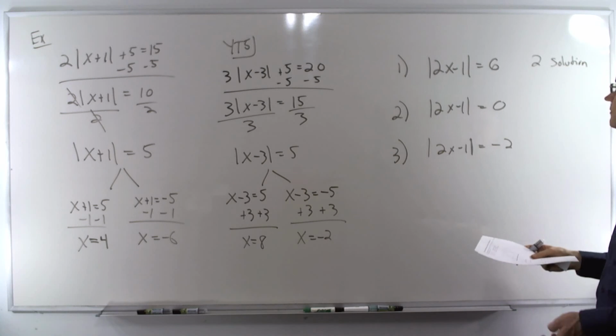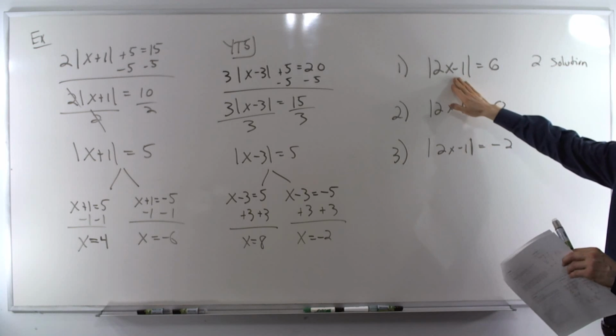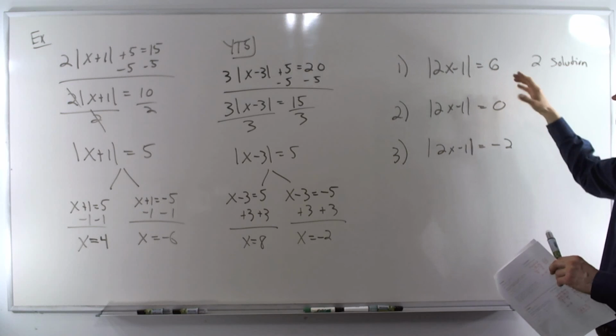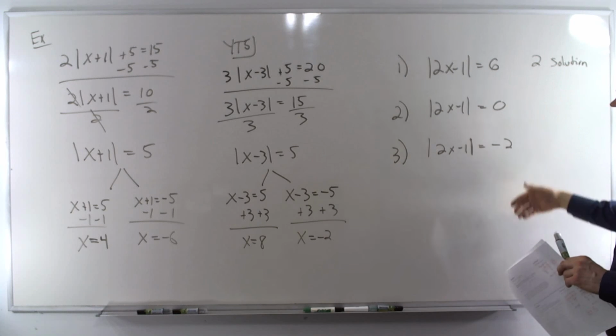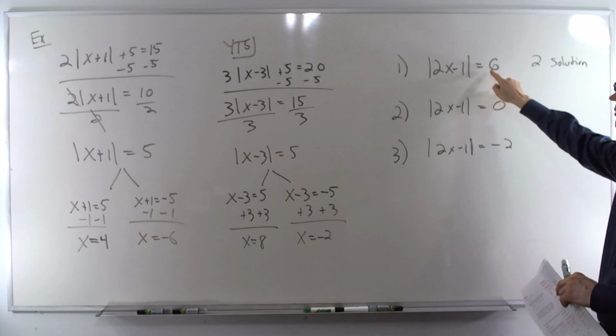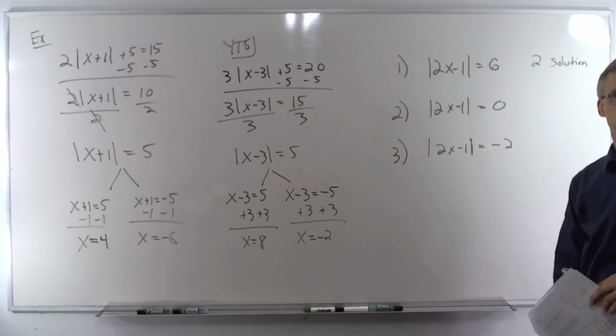If you have an absolute value and it's by itself, this only works when it's by itself. If you have things attached to it, you're going to have to get it by itself before taking a look at this. Okay, so if you have an absolute value equal to a positive non-zero number, you get 2 solutions.